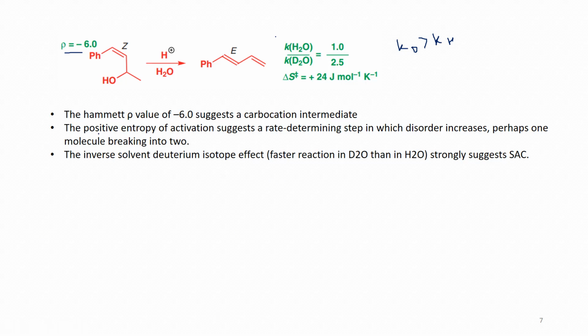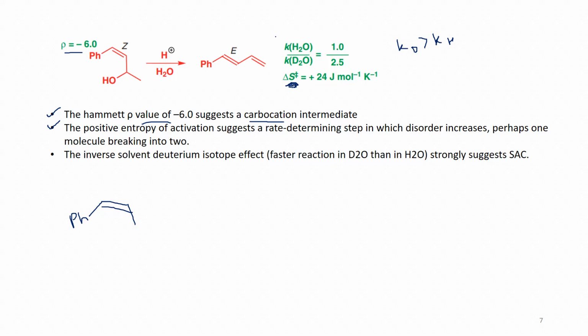So from this, if we want to write the mechanism of this reaction, what will be the mechanism? Let's start. Whatever information we have got from these values: the Hammett rho value is negative, which suggests that there is a positively charged carbocation intermediate. The second thing we can know is that the delta S dagger value, the entropy change, is positive.